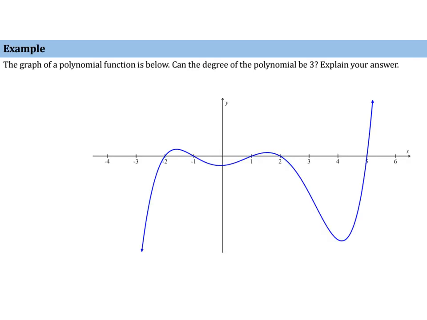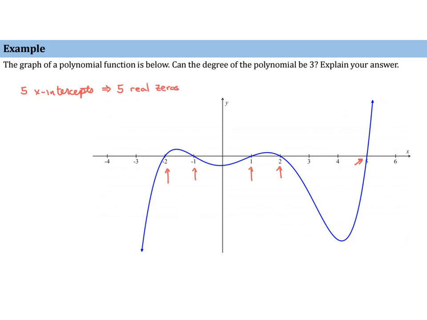So here we have a graph of a polynomial function. Can this polynomial have degree 3? Why or why not? Well, we know that real zeros correspond to x-intercepts. So how many x-intercepts do we have? We have 5 x-intercepts. And so that means that we have 5 real zeros.